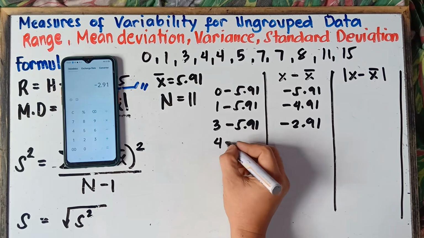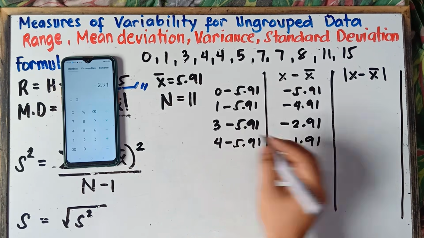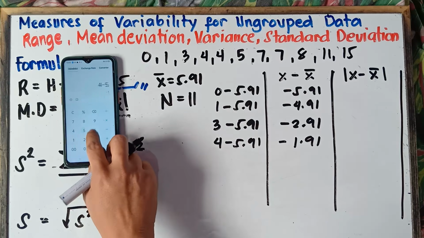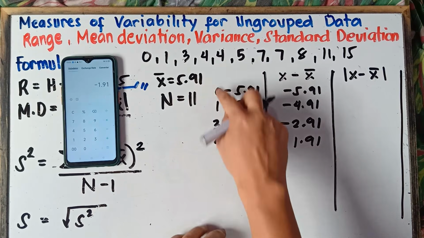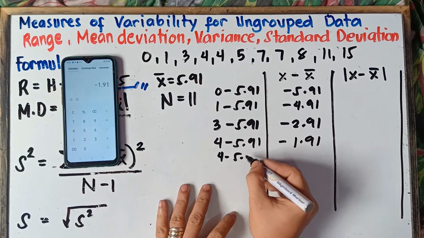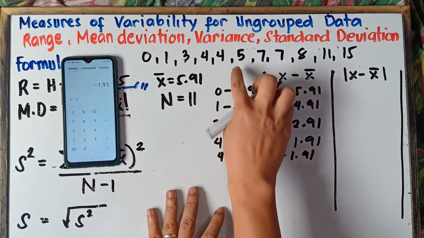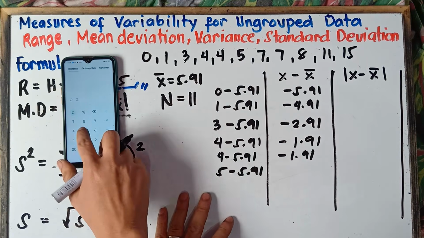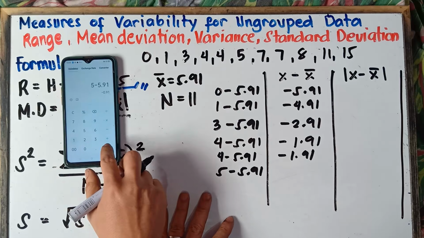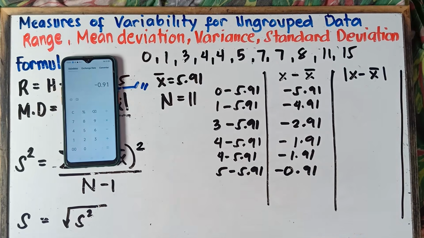And then 4 minus 5.91, I think that's negative 1.91. Let's do that. 4 minus 5.91, that would be negative 1.91. And then we have another 4. 4 minus 5.91, that would be negative 1.91. And then 5 minus 5.91, I think that's negative 0.91. Do it step by step.